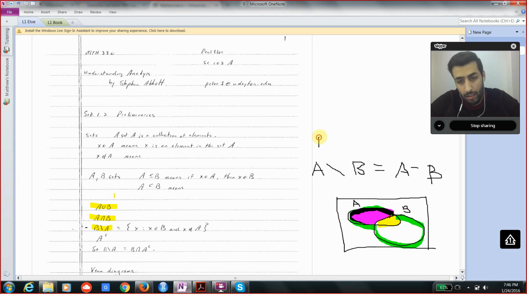This is actually the intersection of A with B complement.